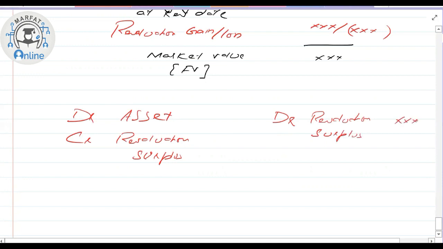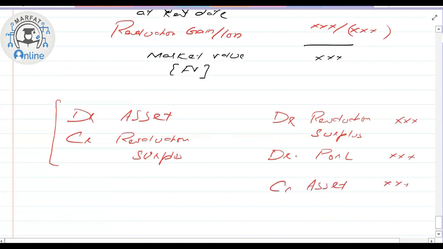Now focus on this double entry. So when you have the upward valuation, you simply debit the asset and credit the revaluation surplus. When you have a downward revaluation, if there was any surplus related to this asset still in the equity, first of all you need to de-recognize that surplus. Any extra will be charged to profit or loss, and credit asset.